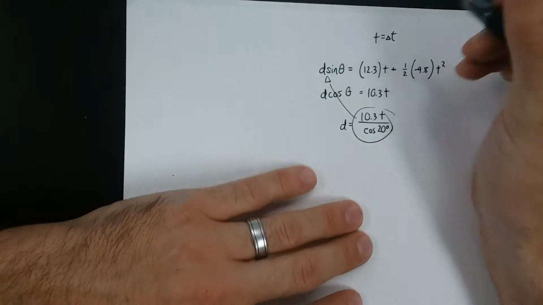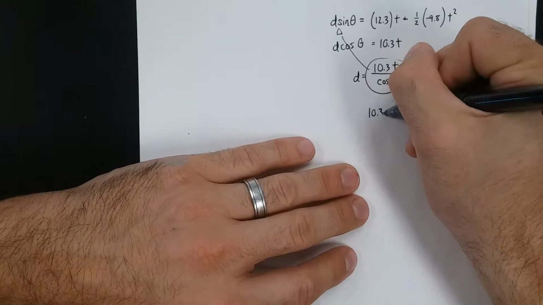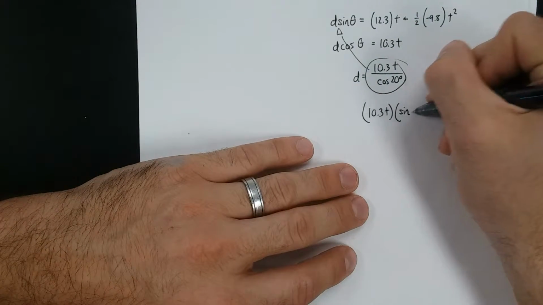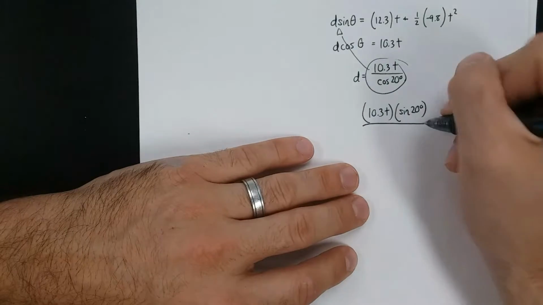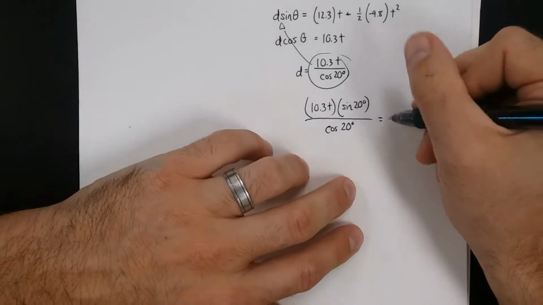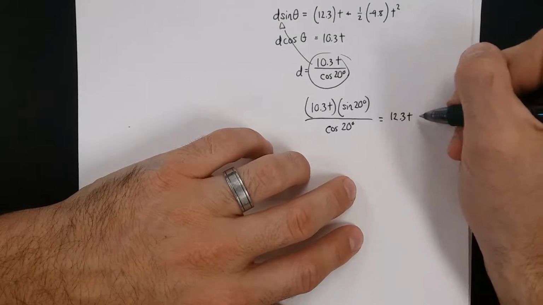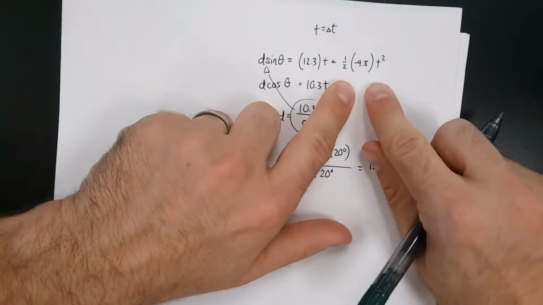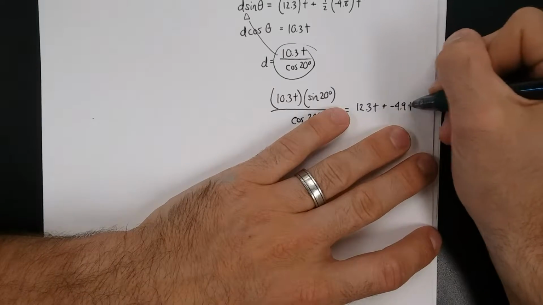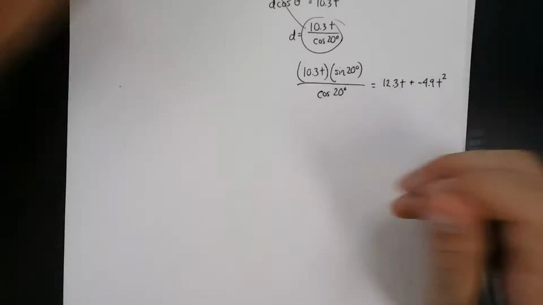Take this whole value and plug it in for that. 10.3 t multiplied by the sine of 20 degrees over the cosine of 20 degrees equals that original expression, 12.3 t plus, going to do a little mental math, 1/2 times negative 9.8, negative 4.9 t squared.